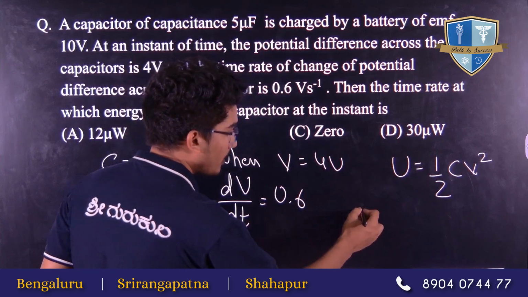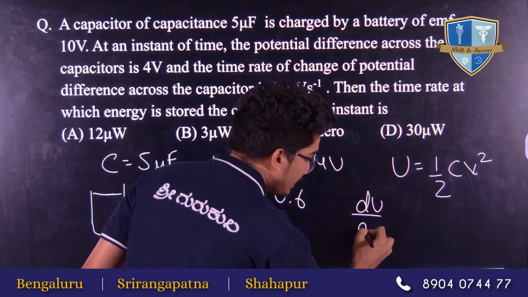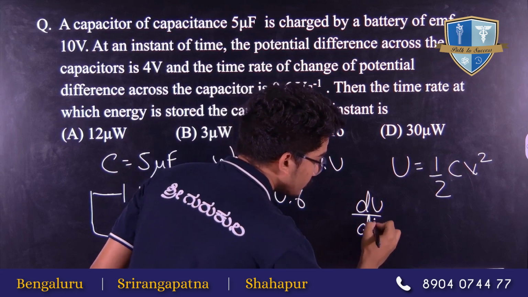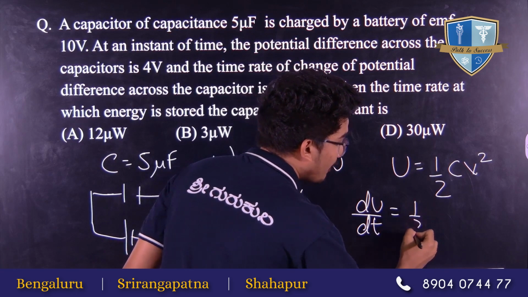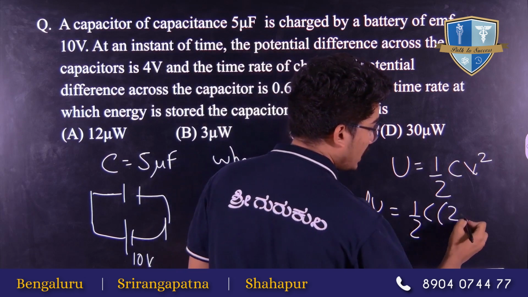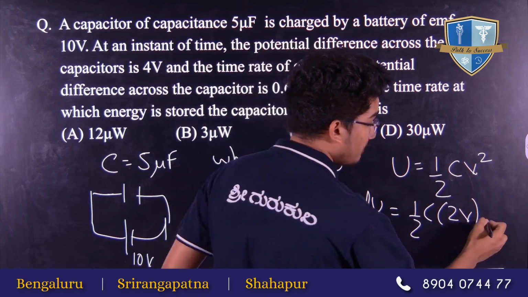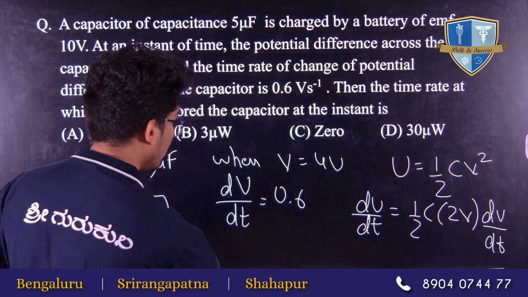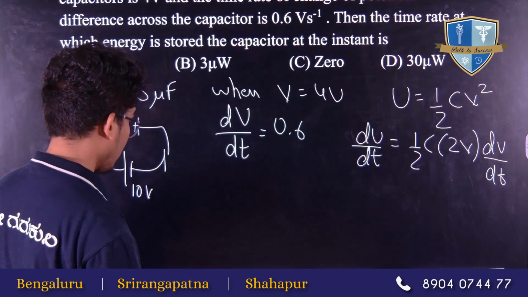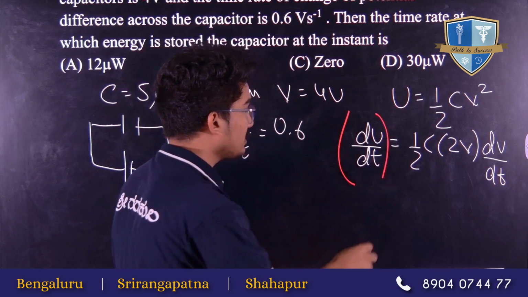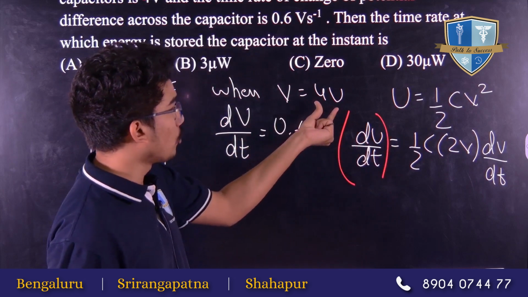What we will get? dU by dt is equal to half, C is constant, differentiation of V square will be equal to 2V, and differentiation of V with respect to time. Correct? Now we are supposed to find this when V is equal to 4 volts.